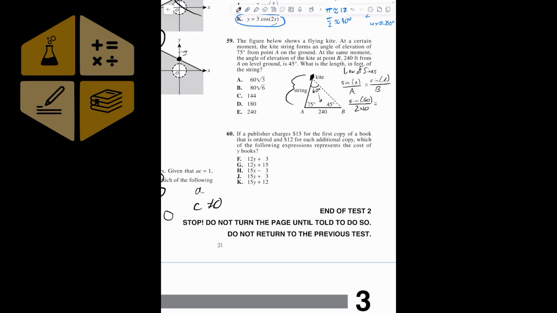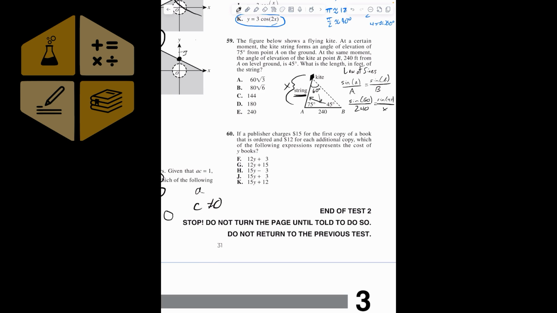Sine of 60, its opposite is 240. That's going to equal the sine of 45 degrees over what we're missing, because here's 45 degrees and its opposite is the length of the string. So let's just call the length of the string x to keep it simple.